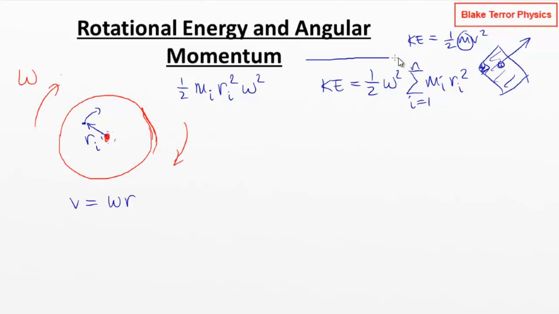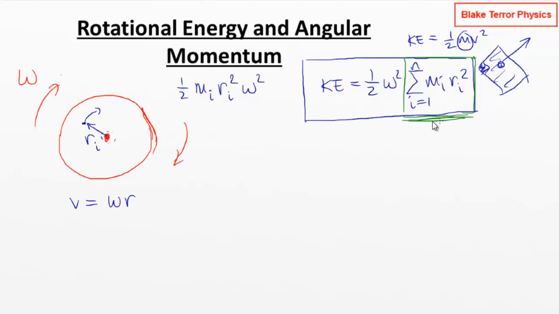That's what we need to work out for a calculation of the rotational kinetic energy. This last bit, this sum, is the thing that's varying from point to point. If you compare it to the kinetic energy formula we got for linear motion, we've got the same half, we've got an omega squared where we had a v squared. So we're comparing linear velocity with angular velocity.